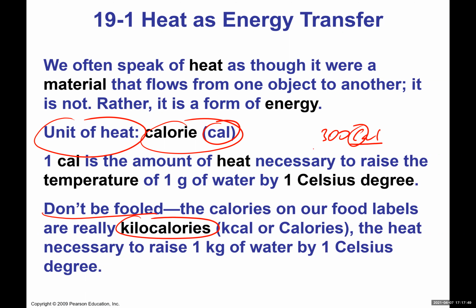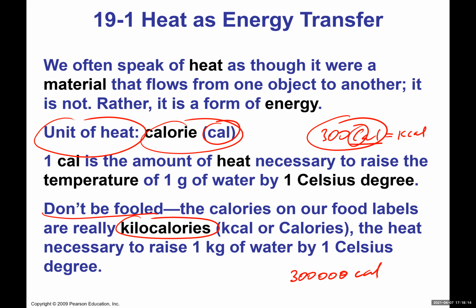So this C, capital C, is technically kilocalorie. So this 300 calorie is actually 300,000, let's say, actual calories. So what we have here is 300 calorie looks much better than 300,000 calorie.